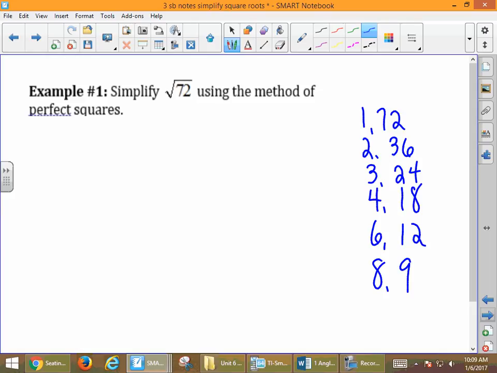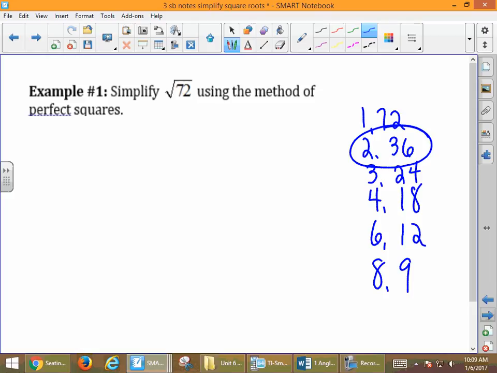And what we're looking for when we're simplifying by using perfect squares is we need to find the biggest perfect square that's in 72. What's the biggest perfect square in 72? Matthew? 4. There's a higher one, actually. There's an even higher one. 36. There we go.